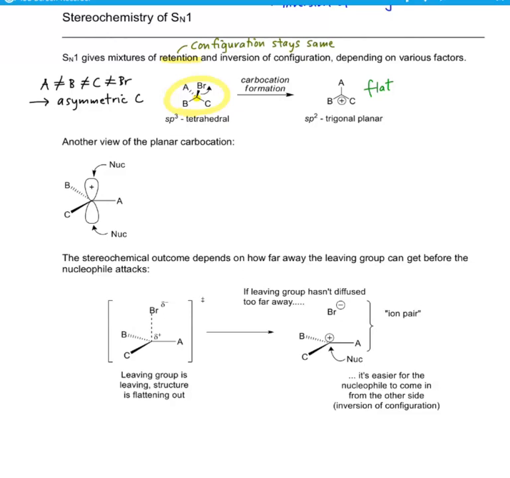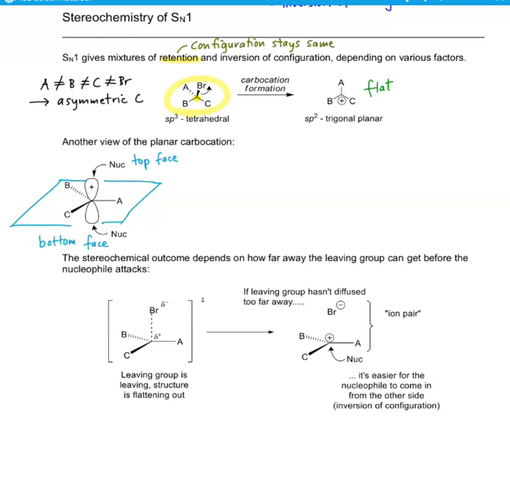The p orbital associated with the carbon with the positive charge is empty, and that's the orbital that the nucleophile can attack. Because this thing is flat, it has two faces, just like an alkene. And so the nucleophile can attack from the top face, in this case, or the bottom face, or we could call them the front face and the back face if we drew the structure a little bit differently.